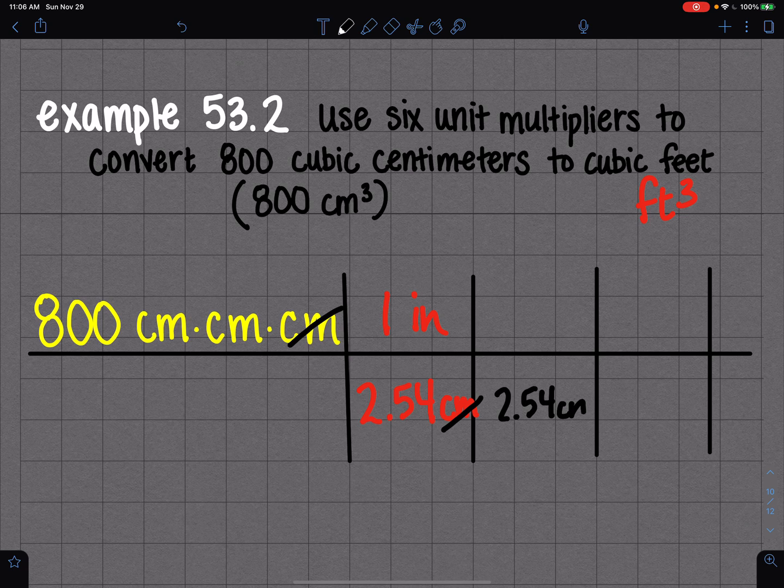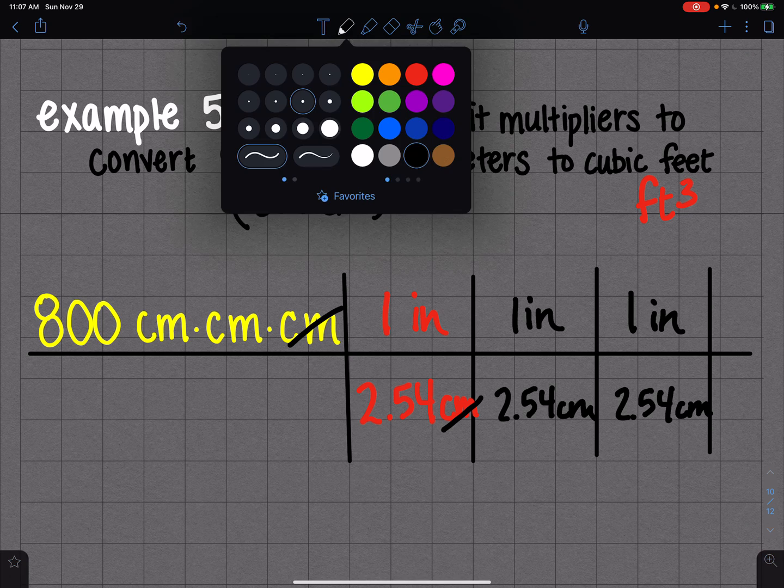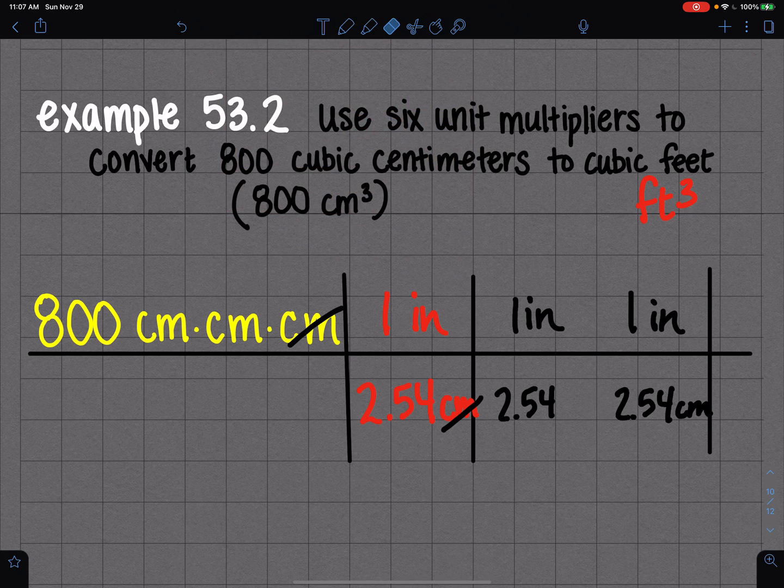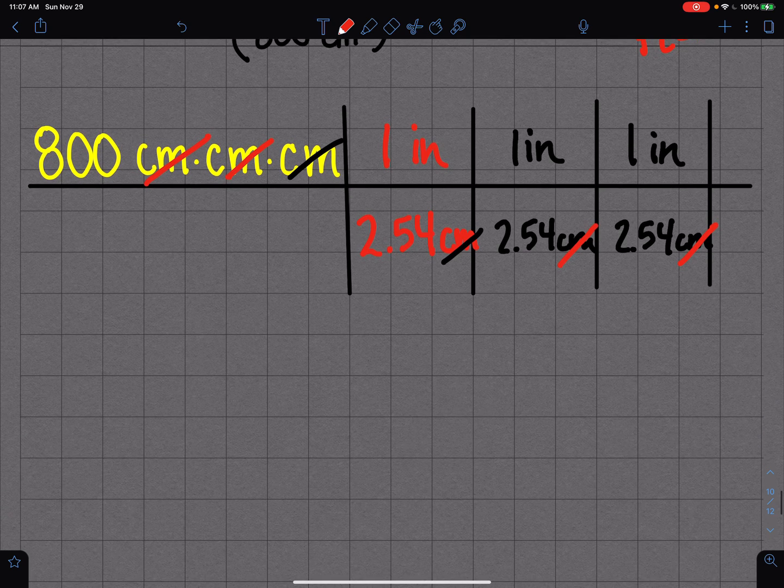2.54 centimeters in 1 inch. 2.54 centimeters in 1 inch. Okay, so now I can cancel out centimeters. And now how do I do this math?